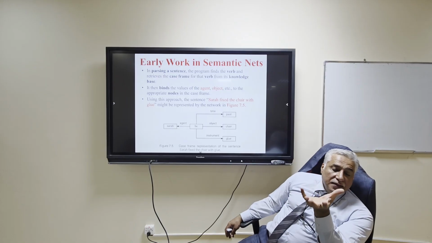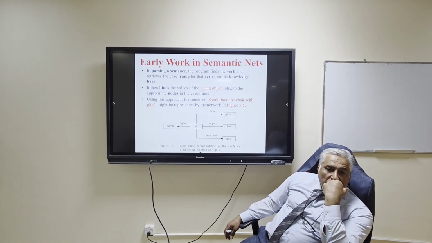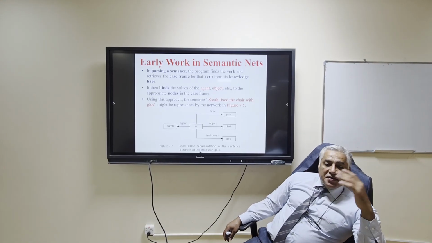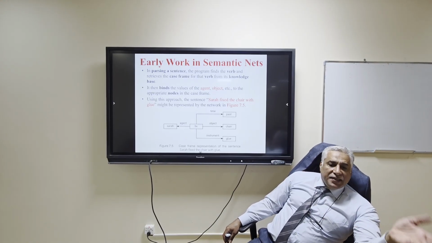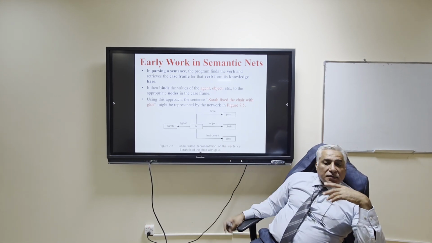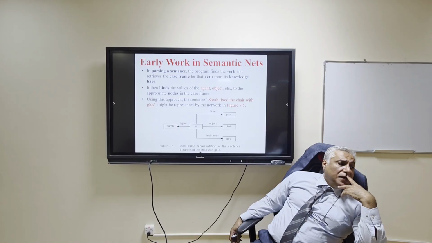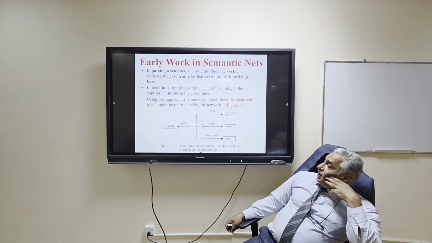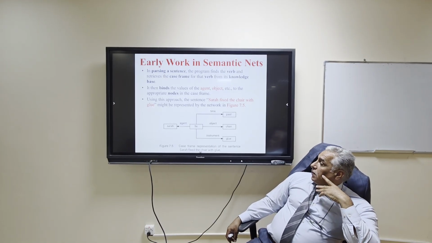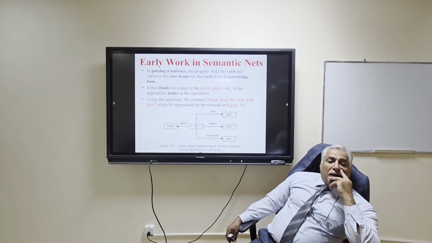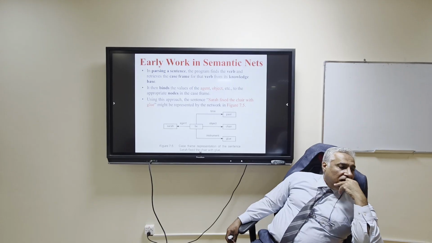When we ask anything about Sarah and the chair and the operations performed by Sarah on the chair, I can answer any questions that may be asked. For example, which instrument was used by Sarah?